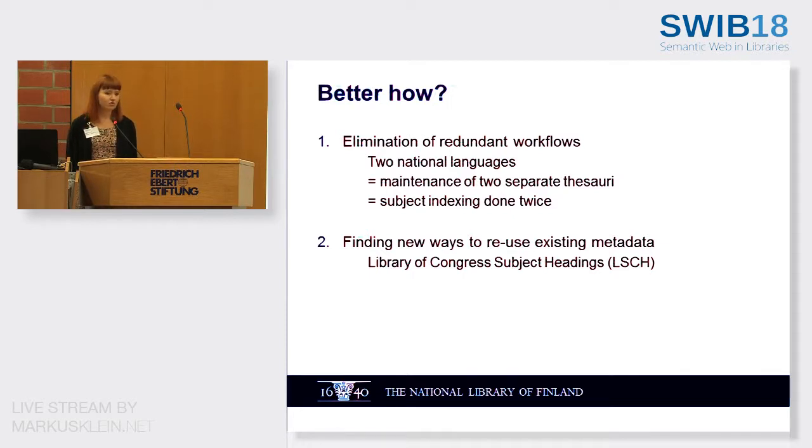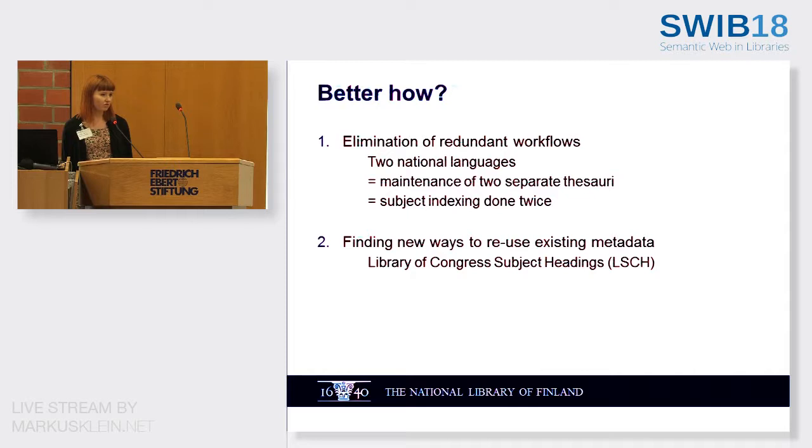We are a country that has two national languages, Finnish and Swedish. It means that we have to maintain two separate general thesauruses and also do subject annotations twice using both of them. And secondly, we'd like to find new ways to reuse metadata that is already out there.